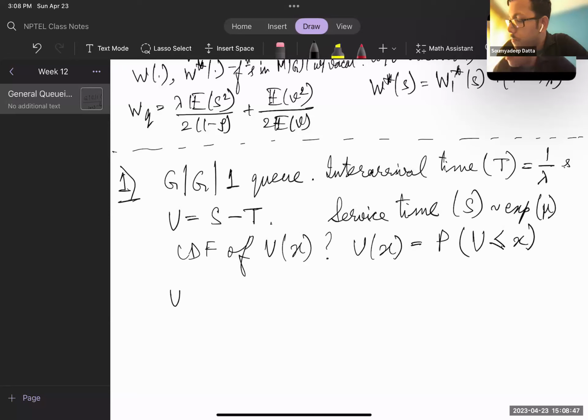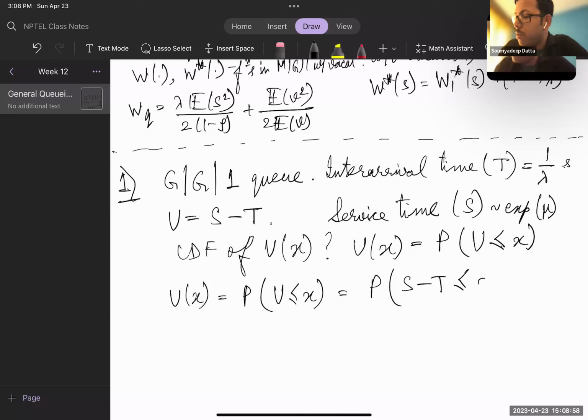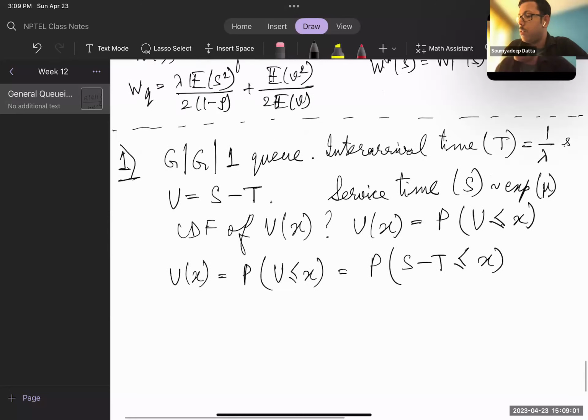So U of X is the probability that U is less than or equal to X, which means this is the probability that S minus T is less than or equal to X. Now, we know T has a fixed value, right? T is equal to 1 by lambda. It's deterministic. So essentially, you can write this as something like a D. This example is a DM1 queue, right?